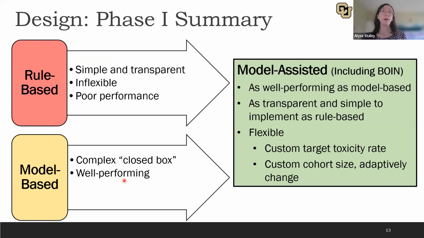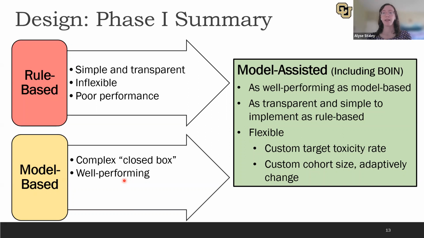To summarize, the rule-based design is simple and transparent because the physician knows at which dose the patient should be treated based on a pre-specified table of escalation rules. However, it's inflexible and doesn't perform well. The model-based design is very well performing, but it's considered both statistically and computationally complex.